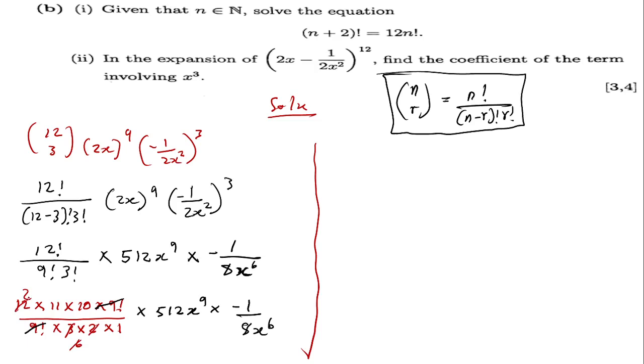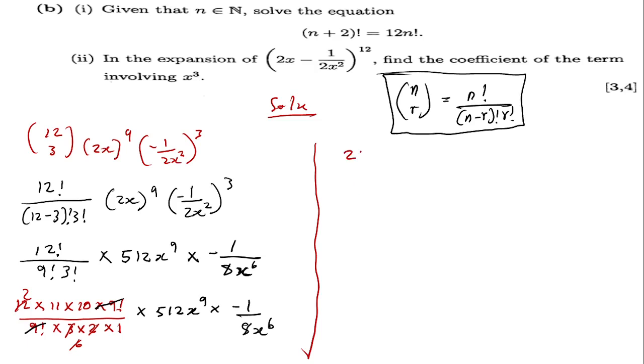So you now have 2 times 11 times 10. So 2 times 11, it is 22. 22 times 10, it is 220. So very easy to handle. Remember, you don't have a calculator, so this will give us 220.